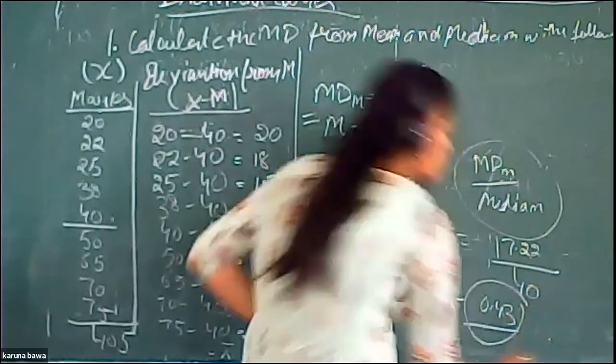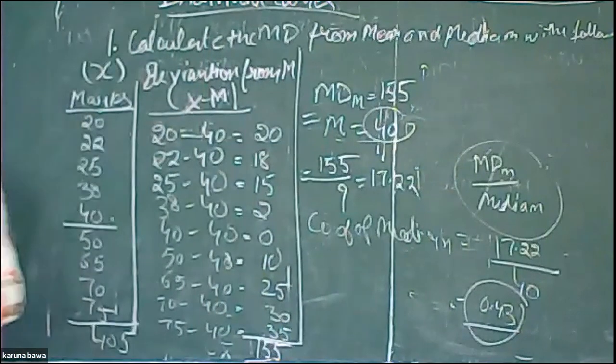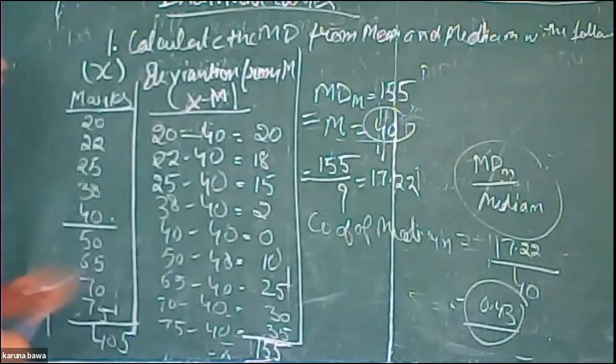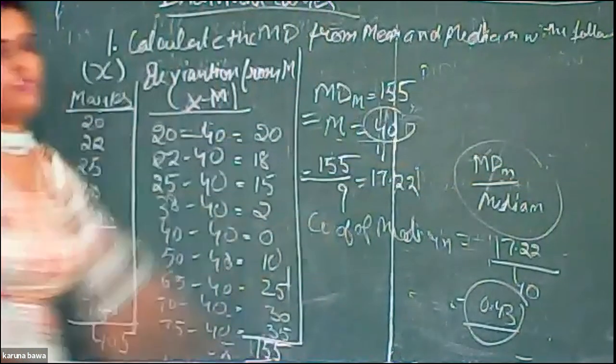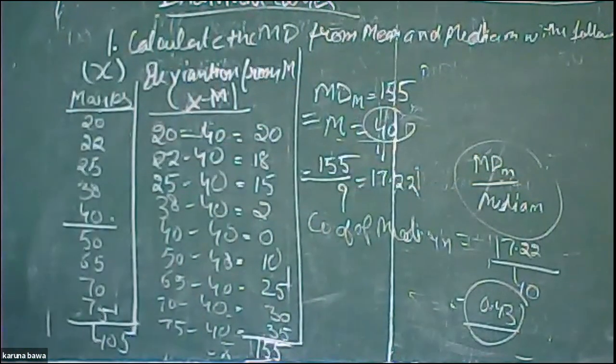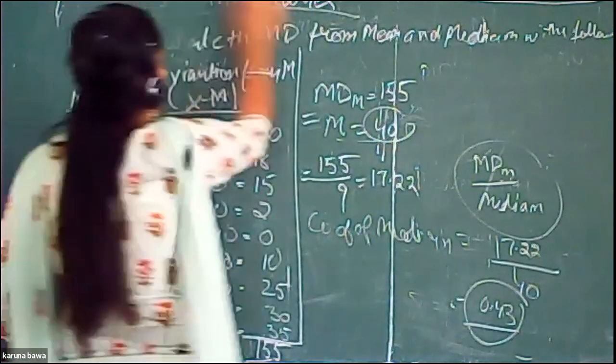This is the coefficient of median. This is called the individual series of mean deviation. So now let's start with the next series, that is discrete series.